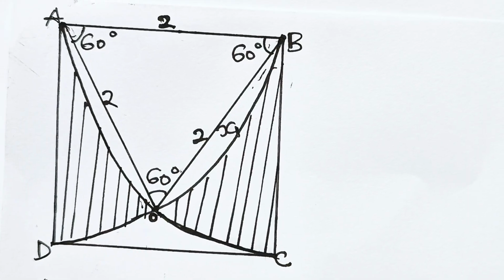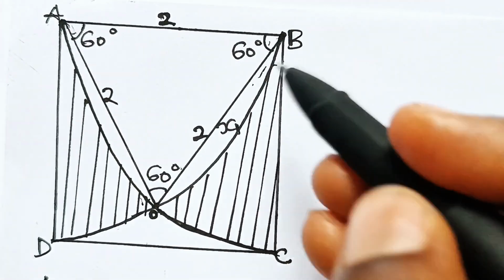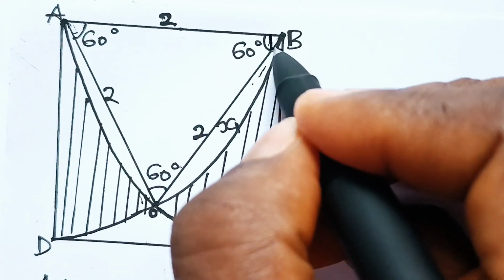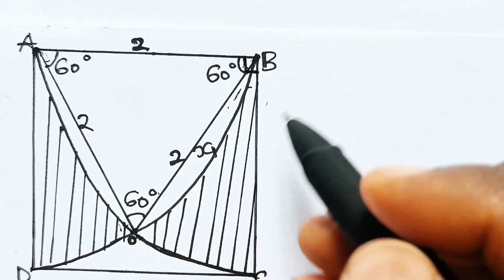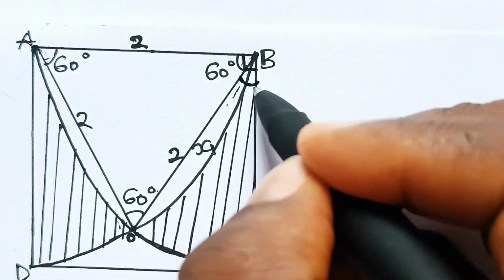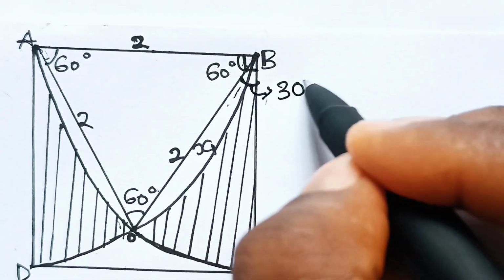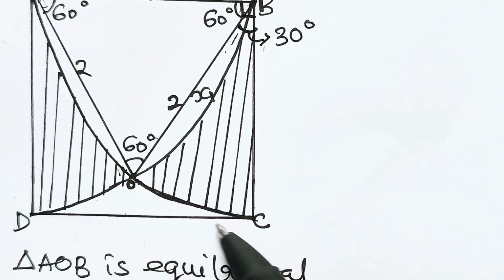Now let's go back to the diagram. If you look at this diagram, you notice that from here to here is 60, and the whole of this is 90 degrees, being that this is a square. So the remaining portion, from here to here, is 30 degrees. As a result, this is a sector again.